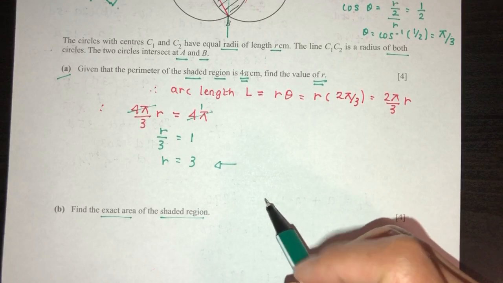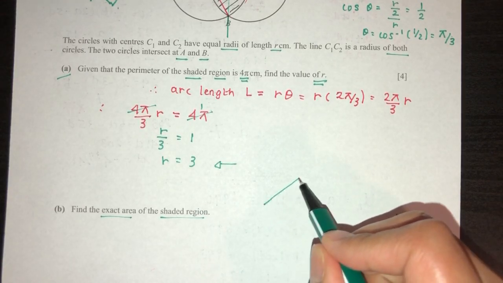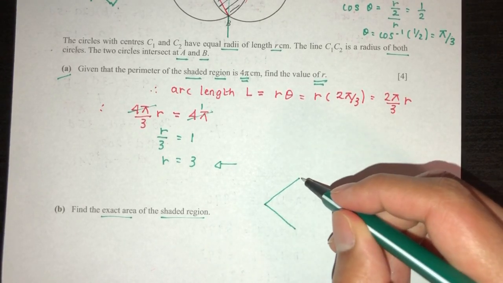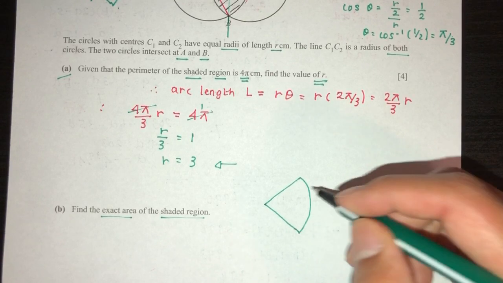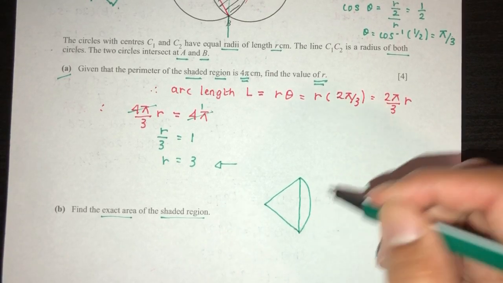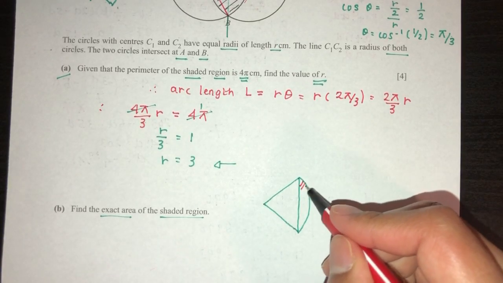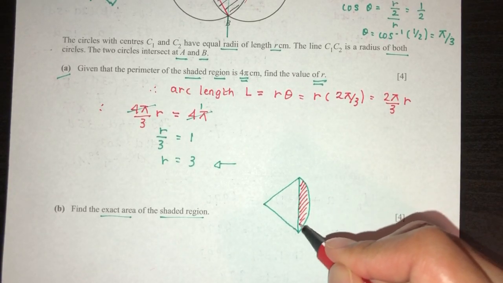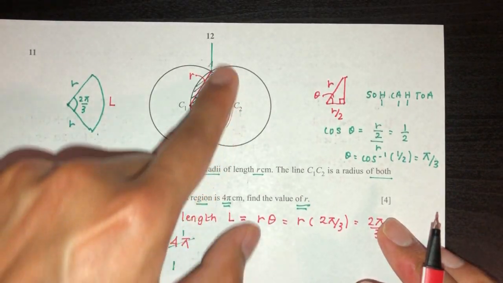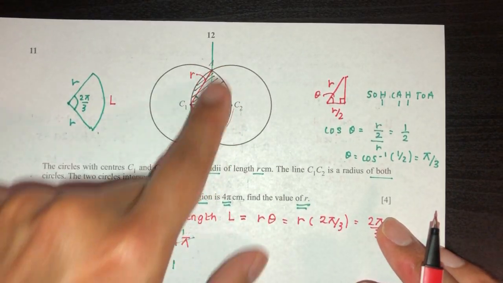If you take this one out, just like we did, we have this shape. We have this line. So we can first find this area, which is this part, and then times 2 because this and this are the same.